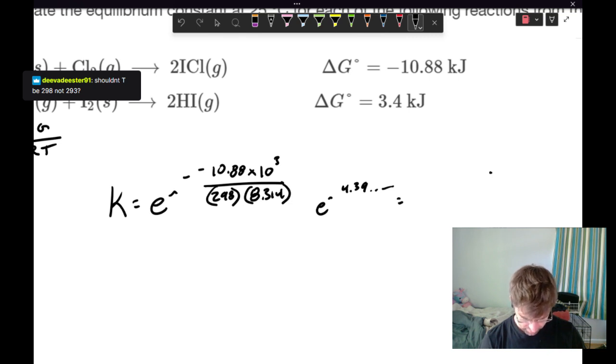298, 8.314. There we go. Okay, I was just hitting a wrong key. So we should get a value, 80.75, 5775.